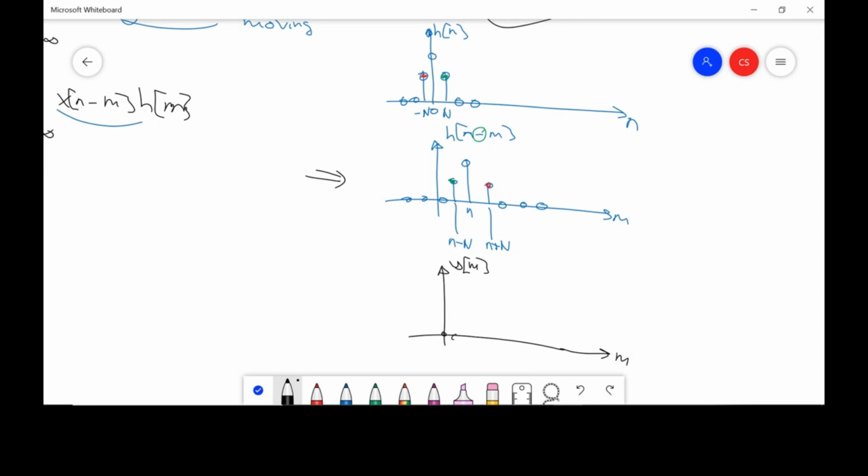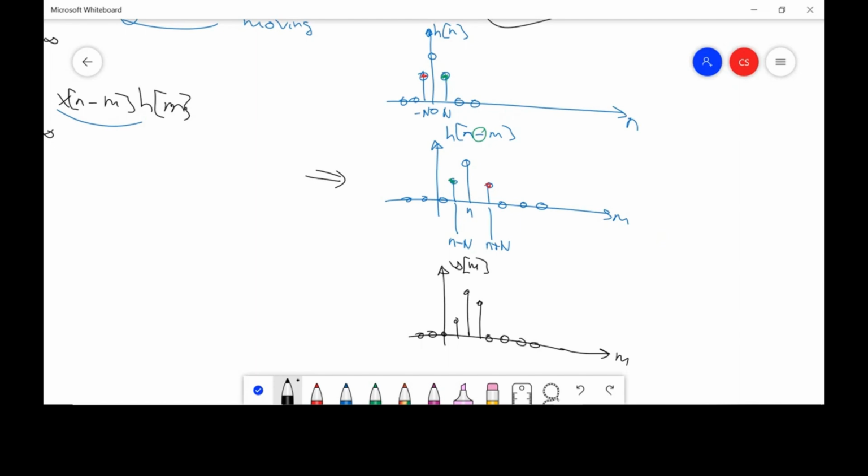And then it has to be 0 everywhere except for these 3 samples that are multiplied by something different from 0. Let's say that the first 3 samples are something like this. They don't need to be equal. h is symmetric, but x times h doesn't need to be symmetric. And continue with the zeros.